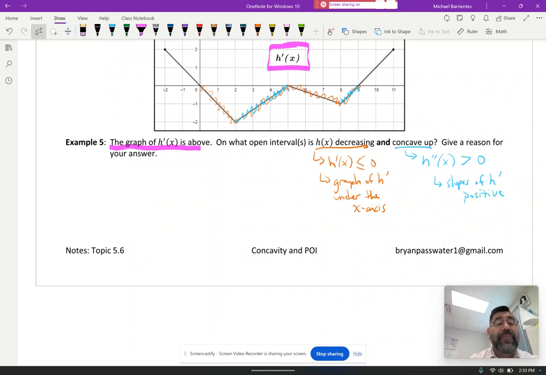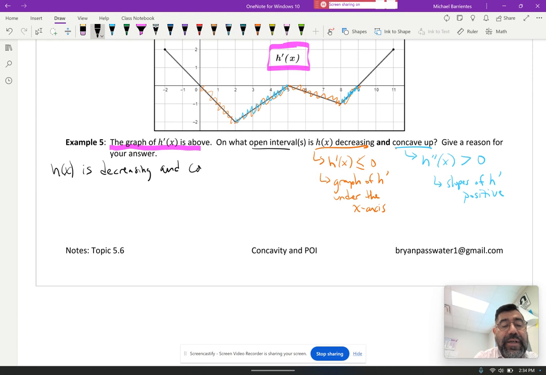That's the answer. They're asking for open intervals, so we can say h of x is decreasing and concave up on the interval between 2 and 5, or in the interval between 8 and 9.